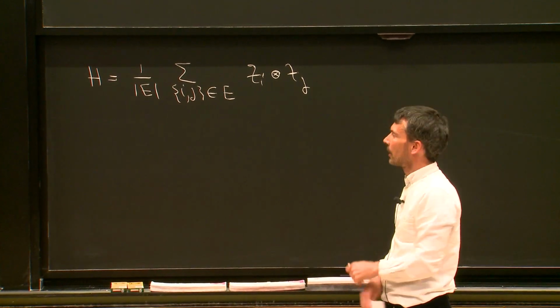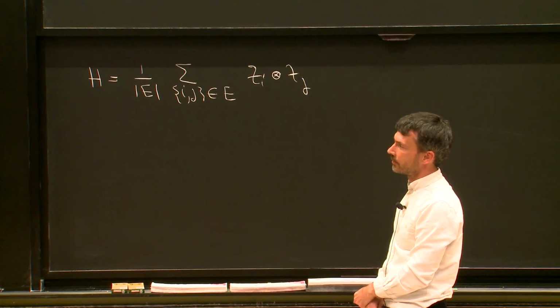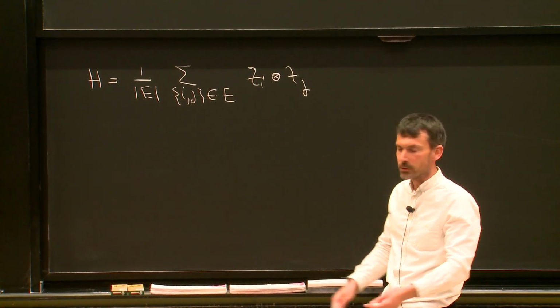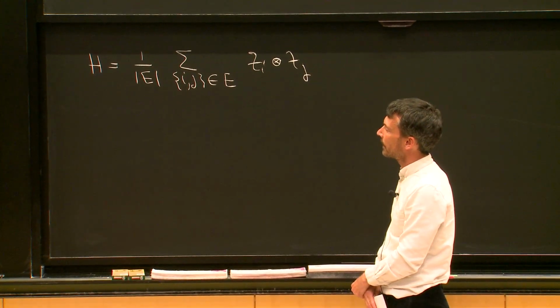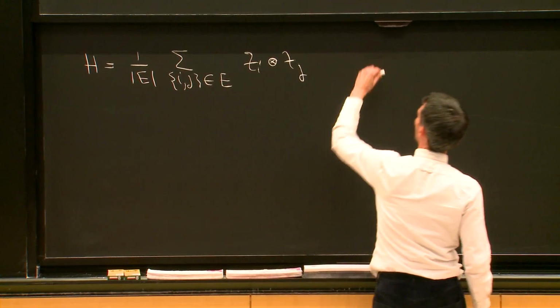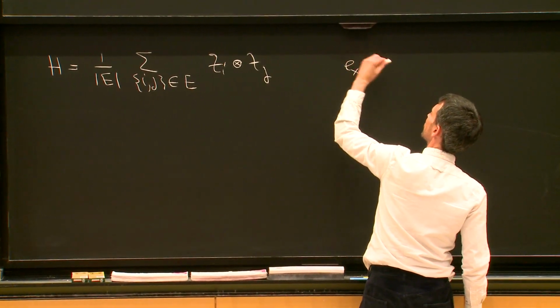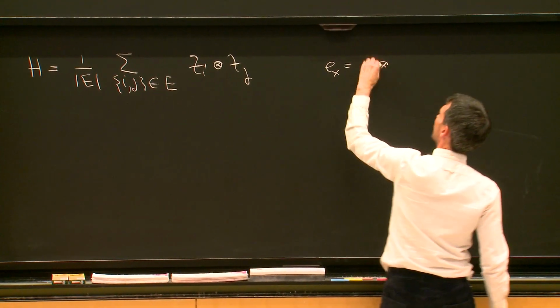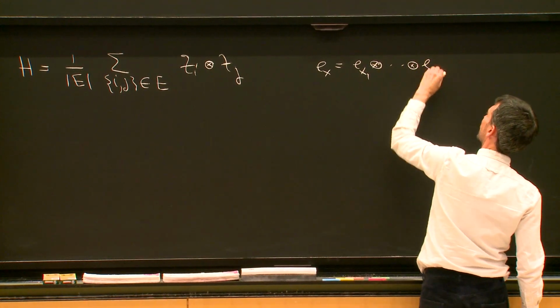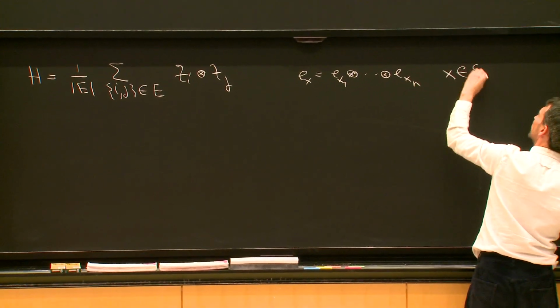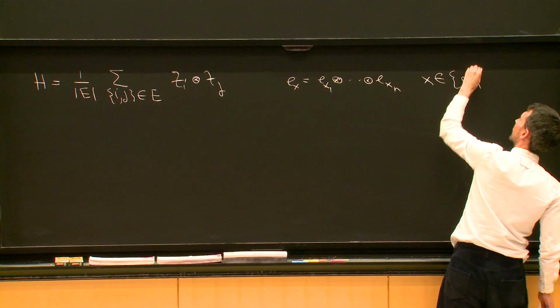As a matrix, it's diagonal in the standard basis, because the Z matrices are diagonal in the standard basis. I can take a basis vector ex, where ex is just notation for ex1 tensored through exn, so x is just a string in {0,1}^n.